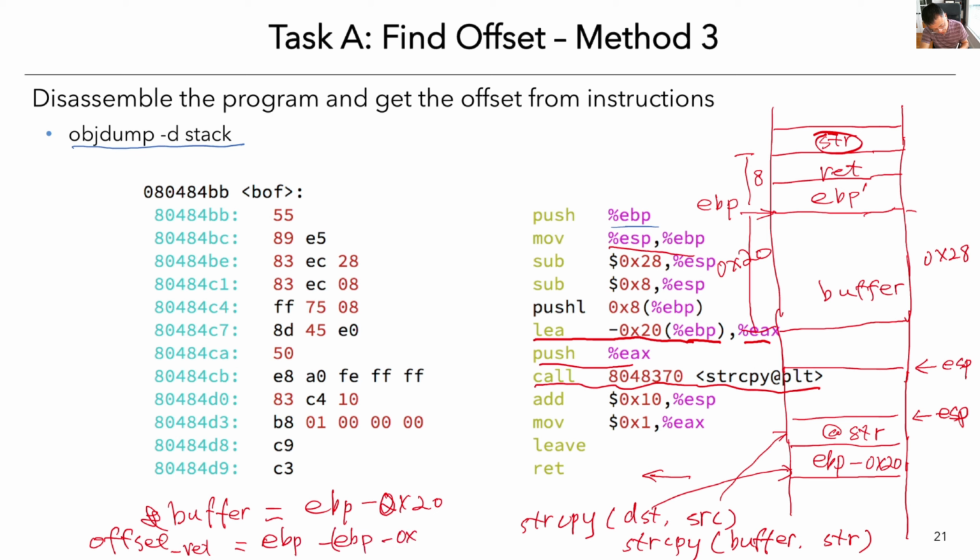So this is the third method, and we get exactly the same offset. We all get 0x24 from 3 different methods.